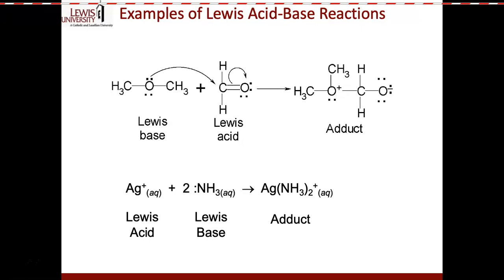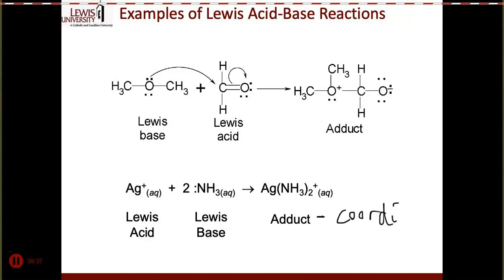Silver in this instance is a metal ion, highly charged, so it's acting as our Lewis acid. Ammonia is a good Lewis base, and we create this Lewis adduct, which we also call a coordination compound. Lewis adducts that contain a metal ion and a nonmetal are called coordination compounds.